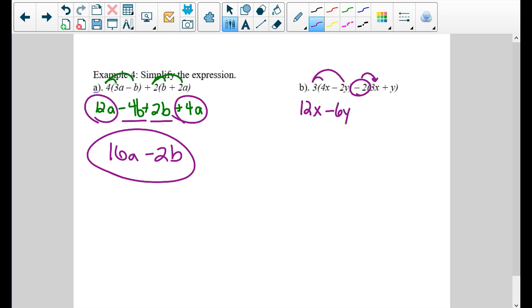So negative 2 times 3 is negative 6x, and negative 2 times 1 is negative 2y. A lot of times you'll get the first one, but you'll forget to take the negative with the second one. Now I can combine like terms. 12x minus 6x leaves me with 6x. Negative 6y minus 2y is negative 8y, and we're done.